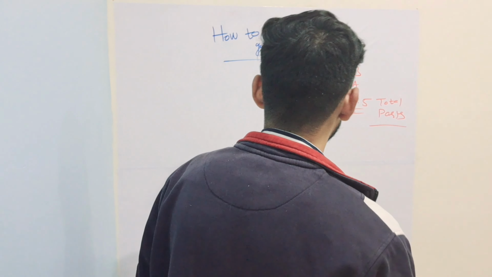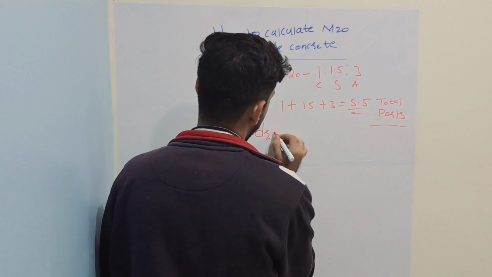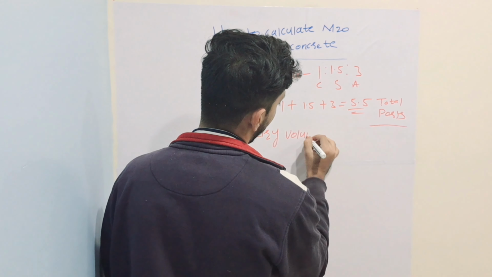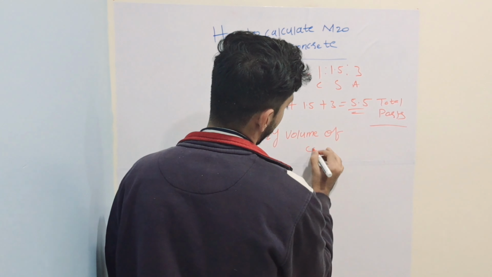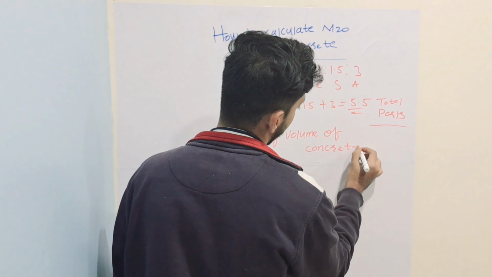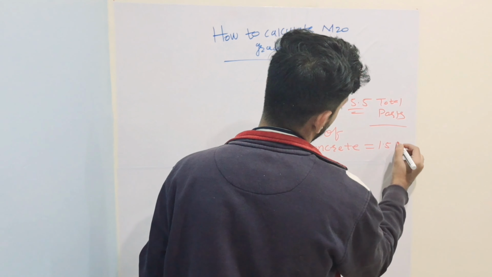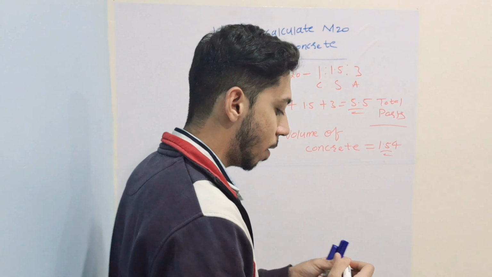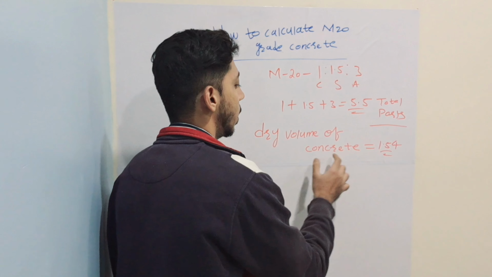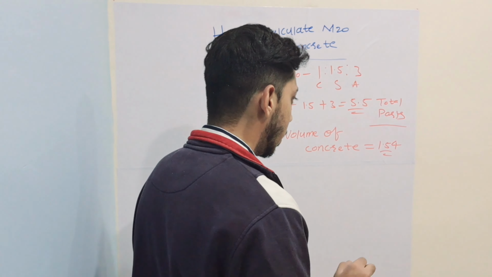First of all, we need to know the dry volume of concrete, that is 1.54. Keep remembering that. 1.54 is very important for this volume of concrete.